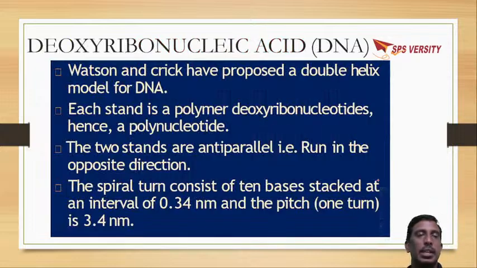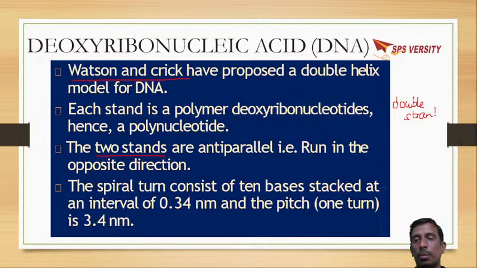First we will discuss DNA. The structure of DNA, the double helix model, was explained by Watson and Crick. It is a polymer of deoxyribonucleotides with 2 strands. Generally DNA is double stranded, very rarely single stranded.